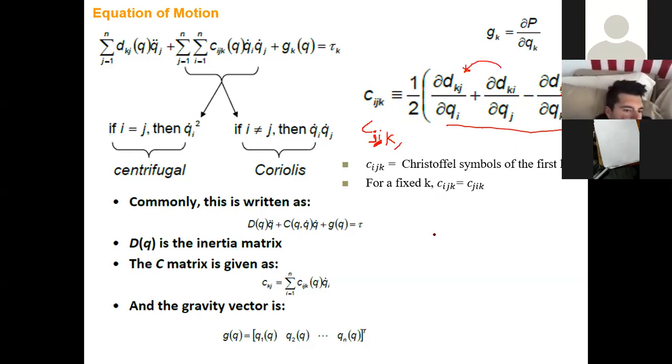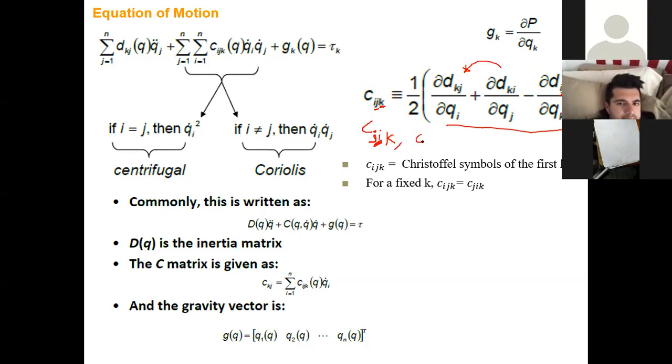Wait, I apologize. How does the minus work again? Is that always just latched on to the k? No. Remember this k here is the third one, and i and j are the first and second. That's why ij divided by k will be minus. First, second divided by third will be minus.